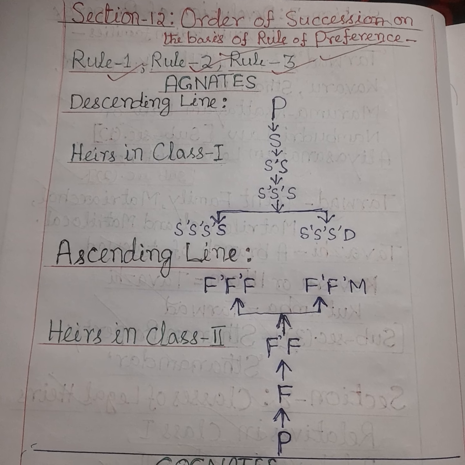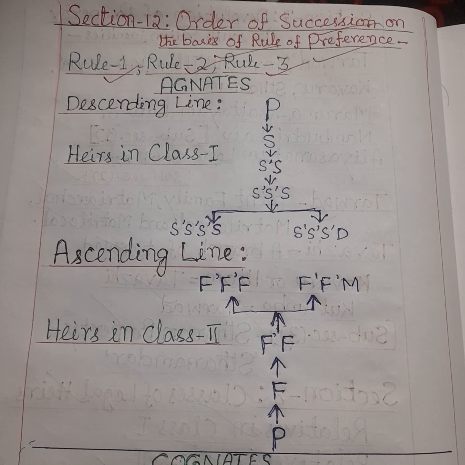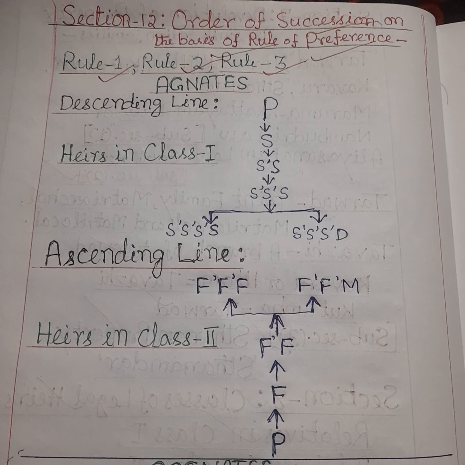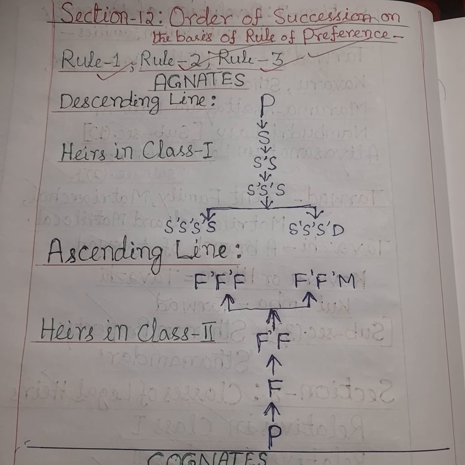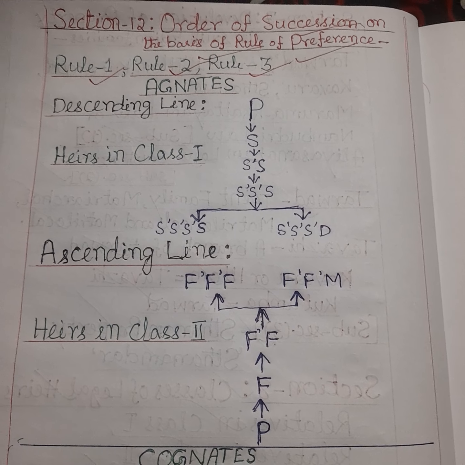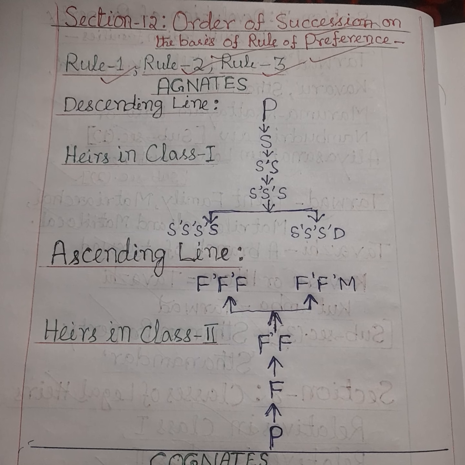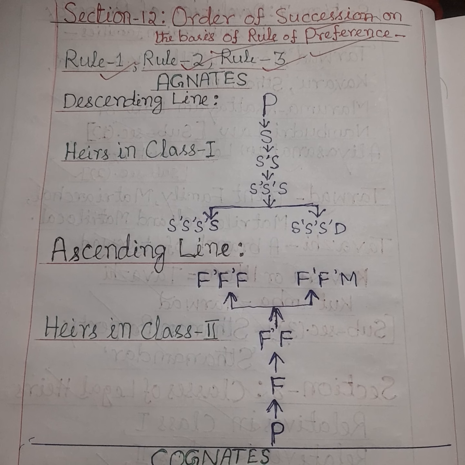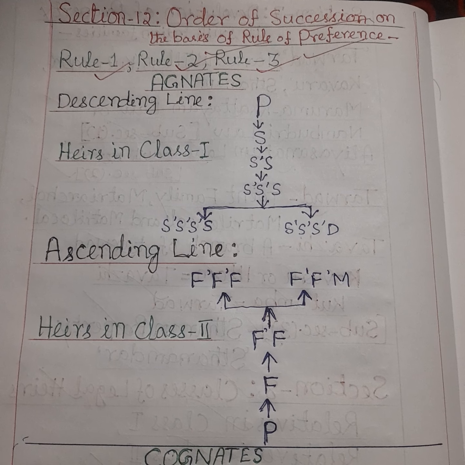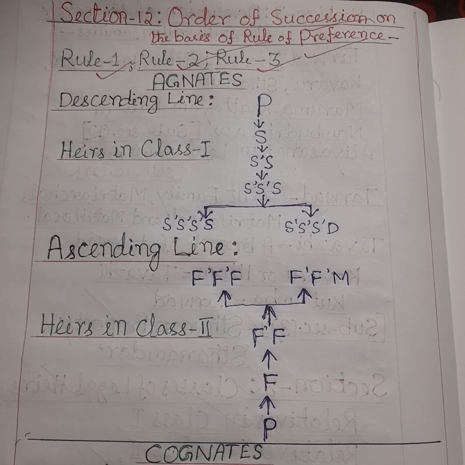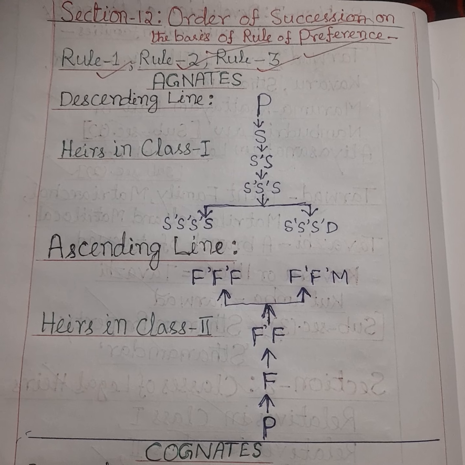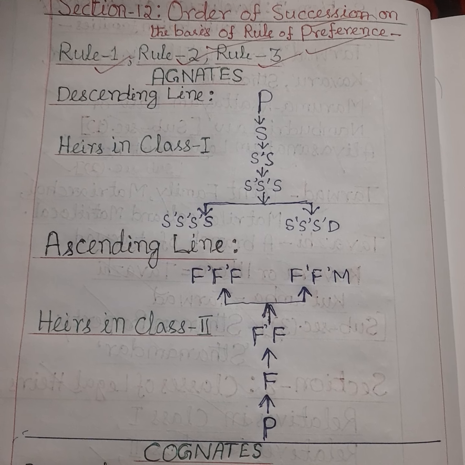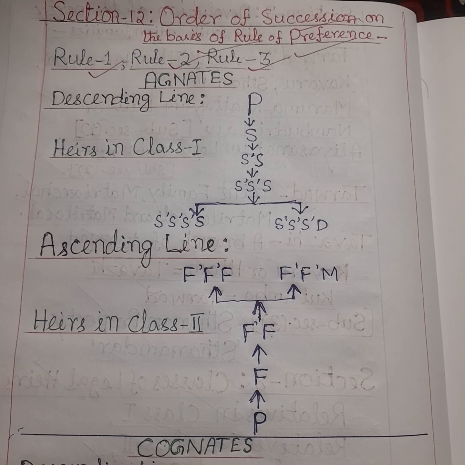And in rule 2, where the number of degrees of ascent is the same or more, that heir is preferred who has fewer or no degrees of descent. And as per rule 3, where neither heir is entitled to be preferred over the other under rule 1 or rule 2, they take simultaneously.